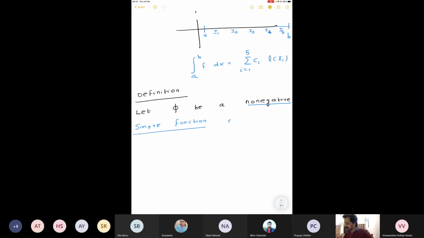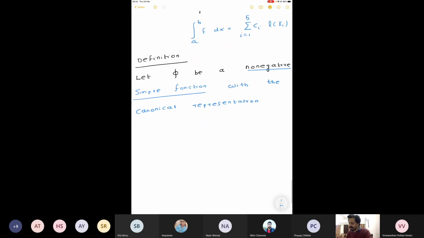Non-negative simple function with the canonical form. Once it is a simple function, you can write it in canonical representation: phi is equal to summation alpha i chi Ei, i equal to 1 to n.